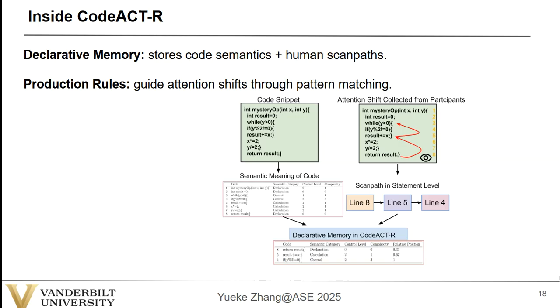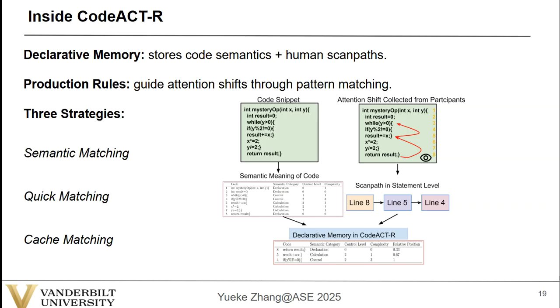We store the code semantics and human scan paths in declarative memory. For each statement, we store the semantic category like calculation or declaration, the control level, and also the complexity. We use production rules to guide the next place to look. We use three strategies in our approach: semantic matching, quick matching, and cache matching.